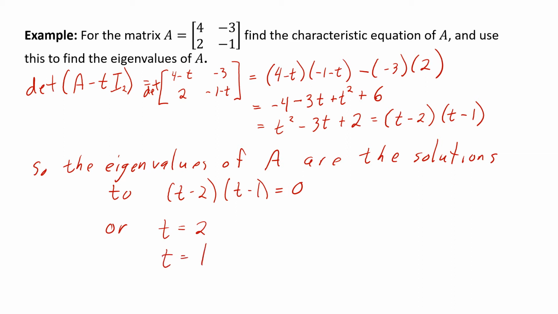That's the two eigenvalues of that matrix. So the characteristic equation is t minus 2 times t minus 1 equals 0.